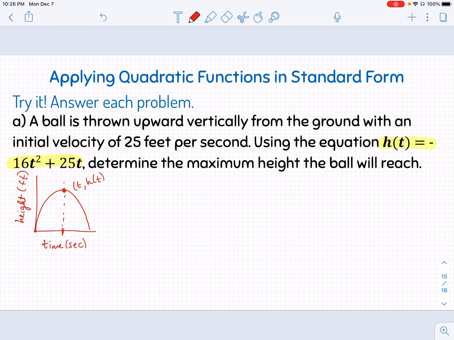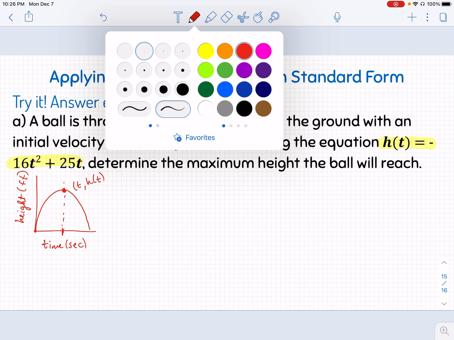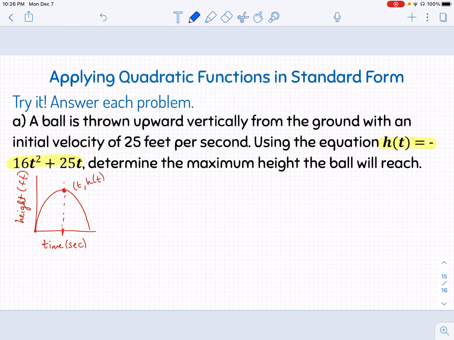So to do this problem, I want you to think about, what do you need to find? Do you need to find the axis of symmetry, the vertex, or an x-intercept? Okay, so great. You know that in order to find this maximum height, you're going to need to know the vertex.